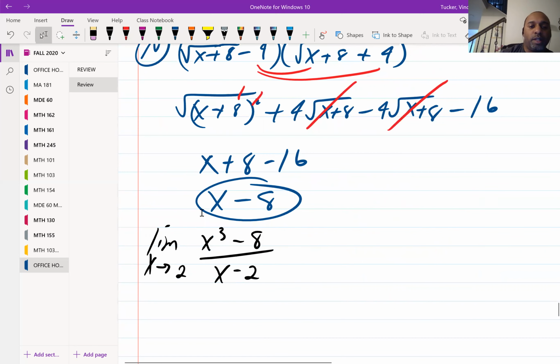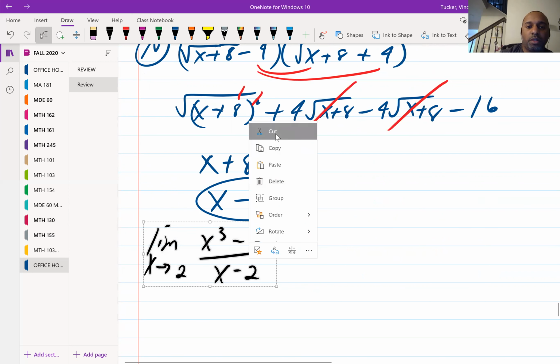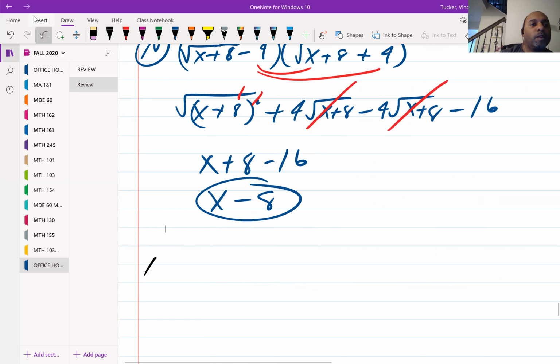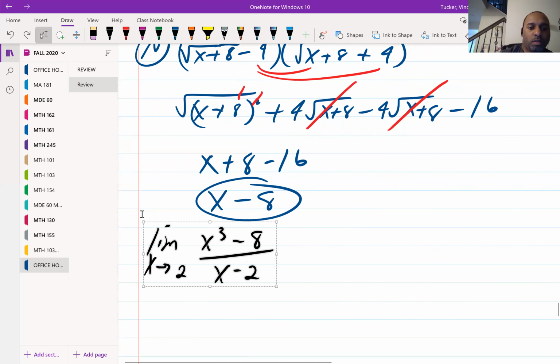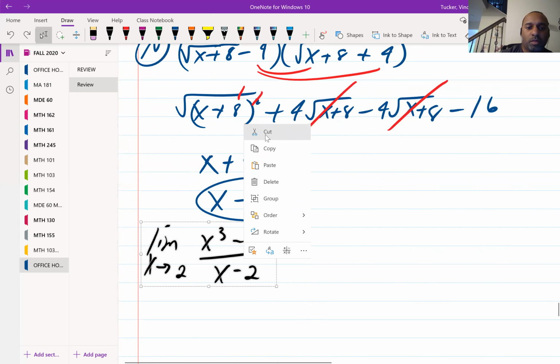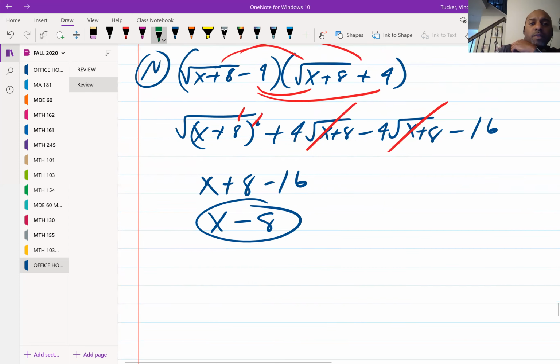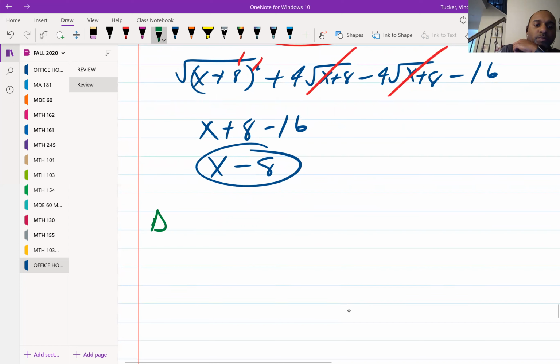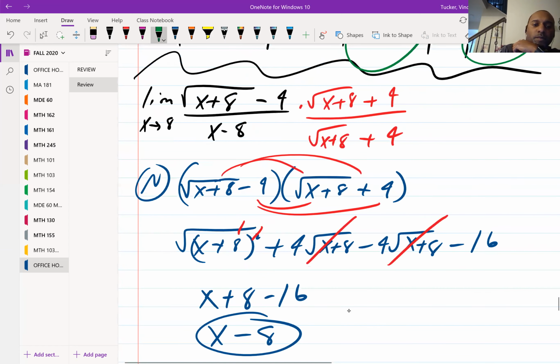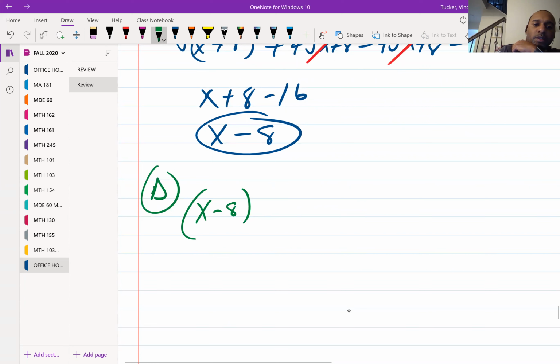So I'll move this down, running out of room. And so that's our new numerator. Now we can look at our denominator. X minus 8 times square root of x plus 8 plus 4.